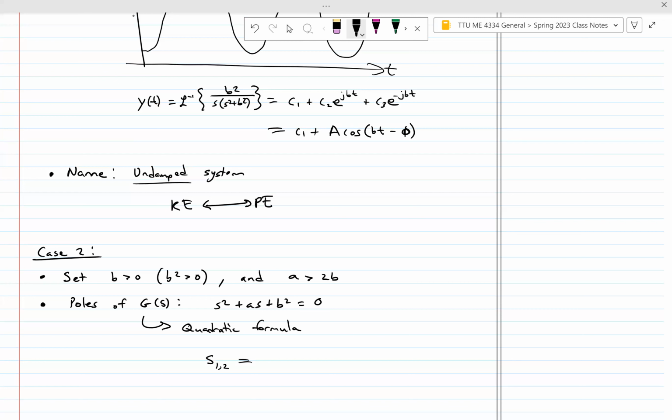What are the poles? Somebody else. Yeah, obviously. Okay.